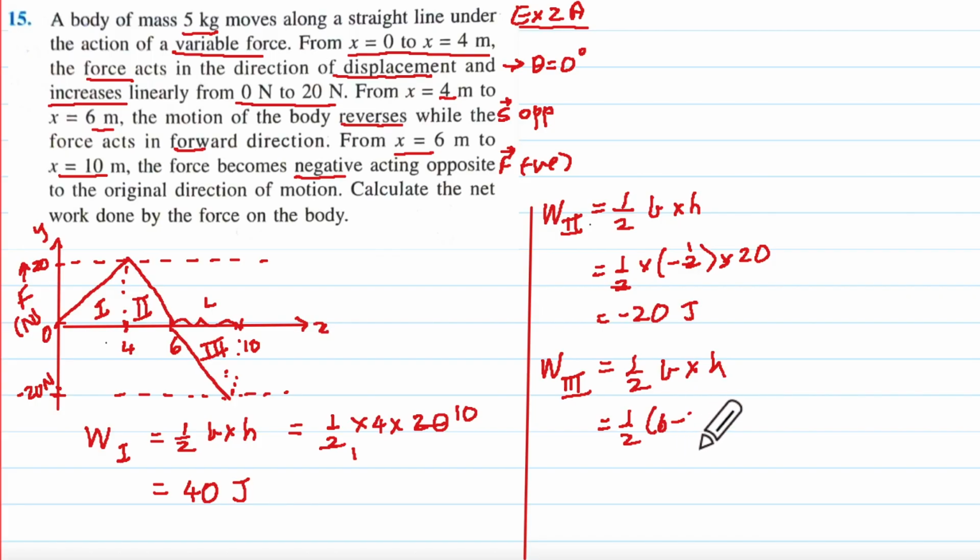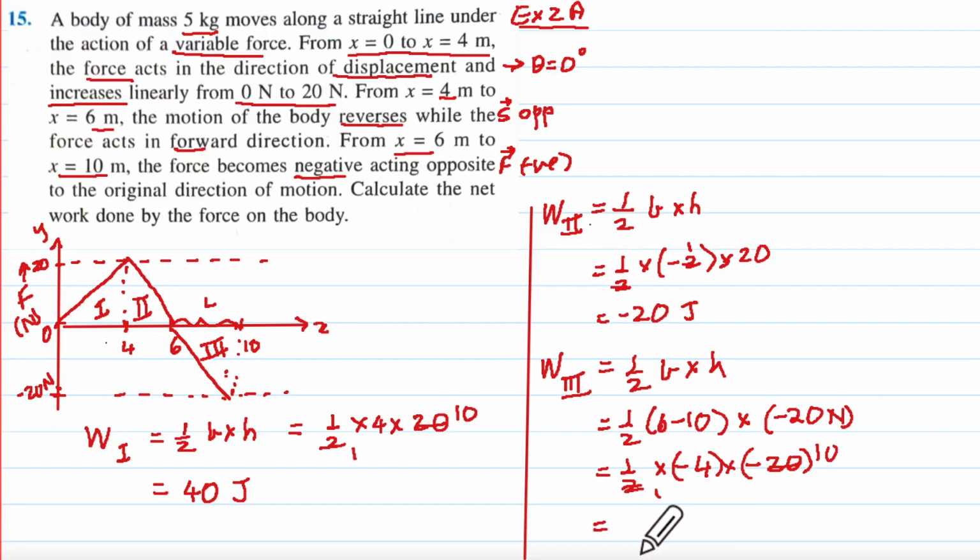It will be 6 minus 10 multiplied by the height, which is minus 20 Newton, because the force becomes negative. So that becomes half into minus 4 into minus 20. So minus into minus, that is plus 40 joules.